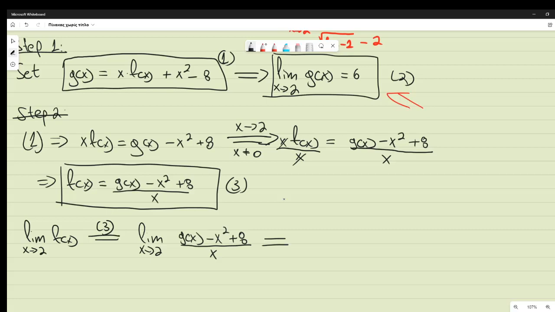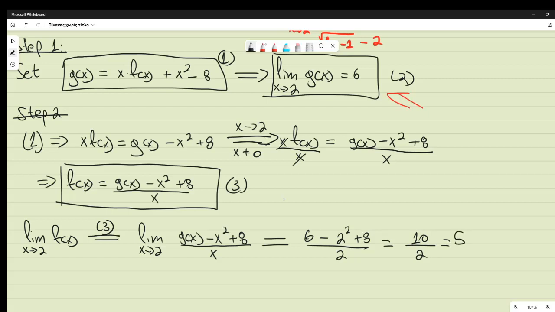It's a simple limit, we don't have any indeterminate form because x tends to 2, so we will do just the replacement, x equal to 2. 6 minus 2 squared plus 8, over 2, so this will be 6 minus 4, over 2, 10 over 2, equal to 5.